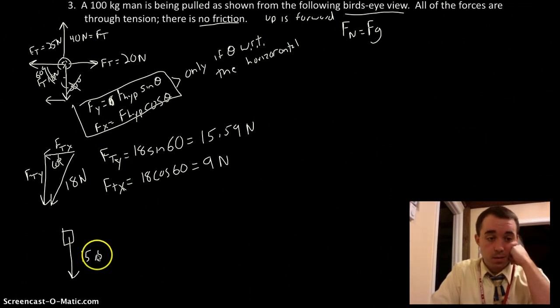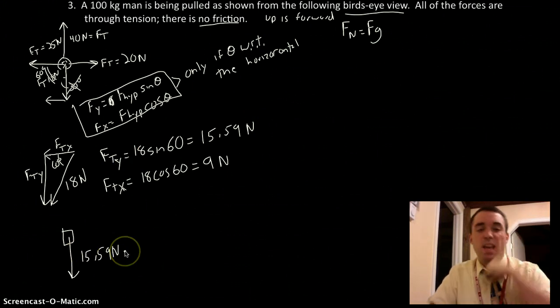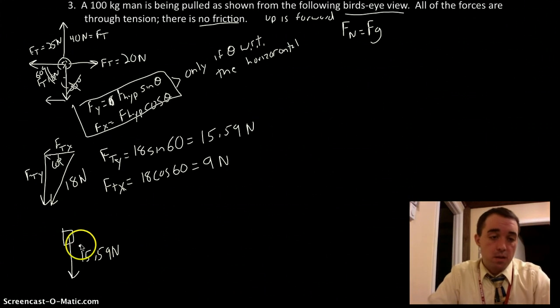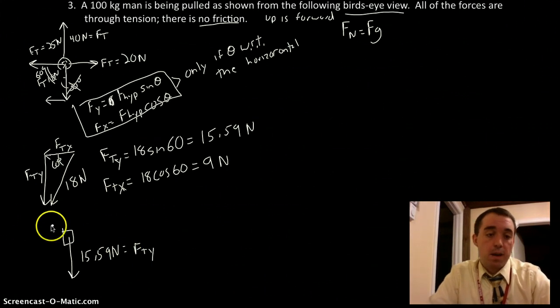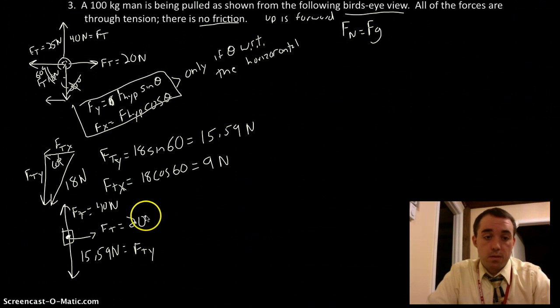I'm going to drop all of these tensions. They're all there. Yeah, I'll write them. FTy. And then our up force, just a separate FT, 40 newtons. Our right force, another FT of 20 newtons.